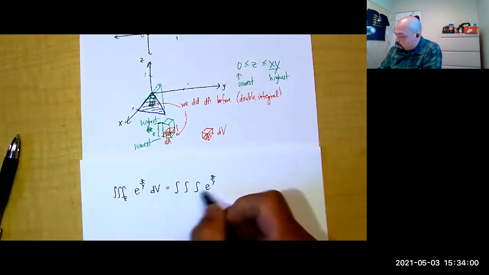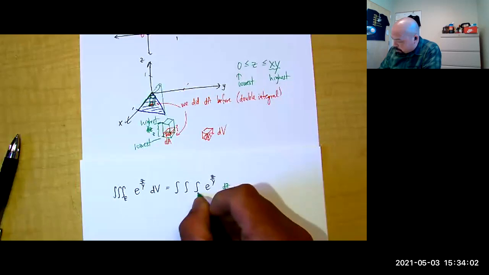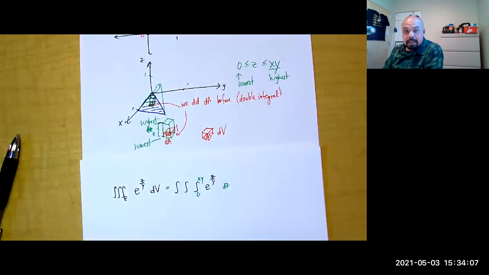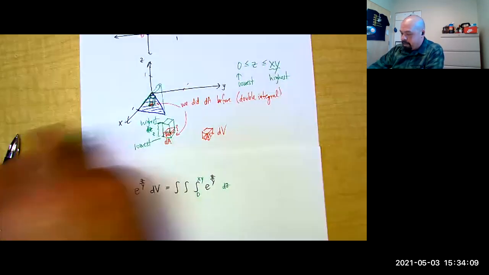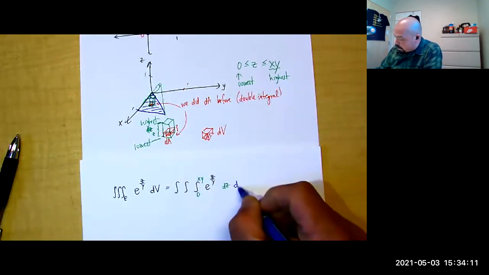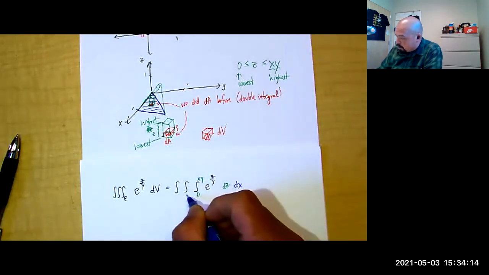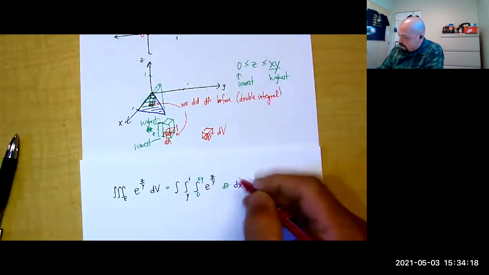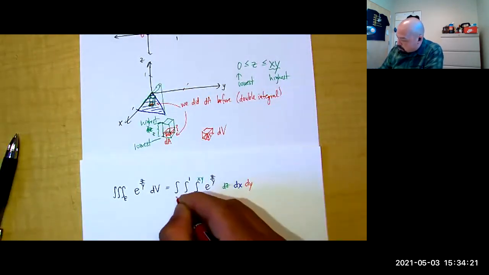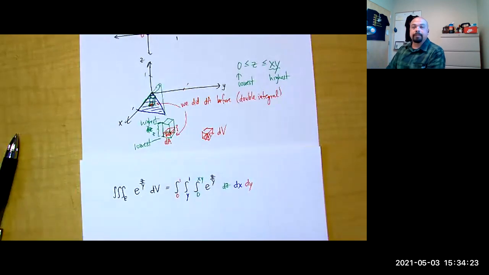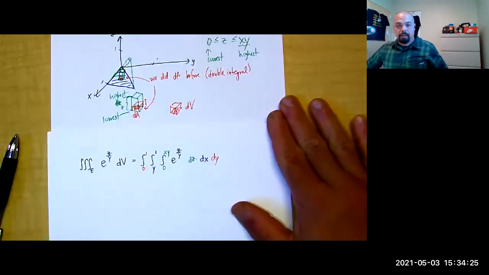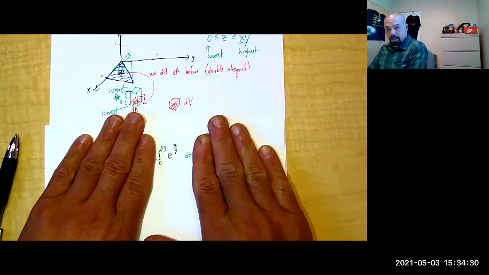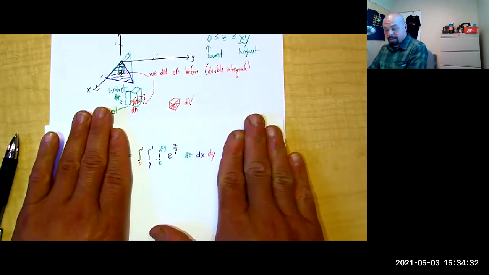At first, we're going to integrate with respect to z, and it was going between 0 and that surface, x times y. Then I would integrate with respect to x next. It went from y to 1. And last, the constants, dy, which went from 0 to 1. So there's our iterated integral. We're going to manage the interior first and work our way out.